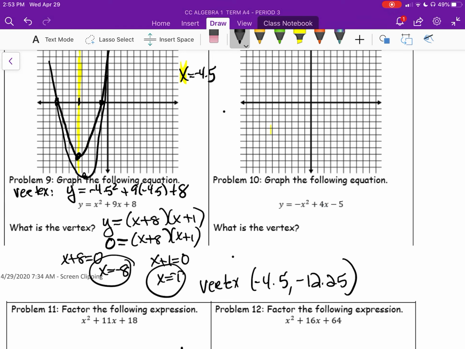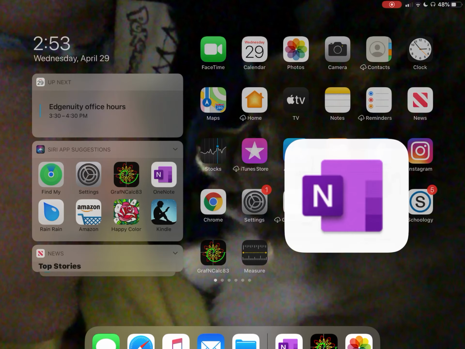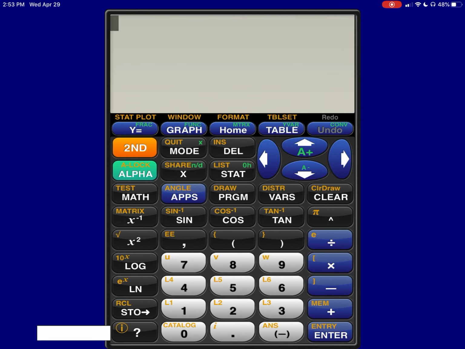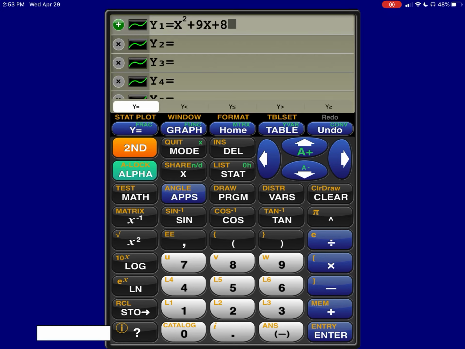All right, the second parabola, which I want to show you here, actually has a minus in front. And if you remember what we did in class, this parabola is going to turn over like this, right? So if I put that into my graph, negative x squared plus 4x minus 5. So we're going to go back to here and clear it.